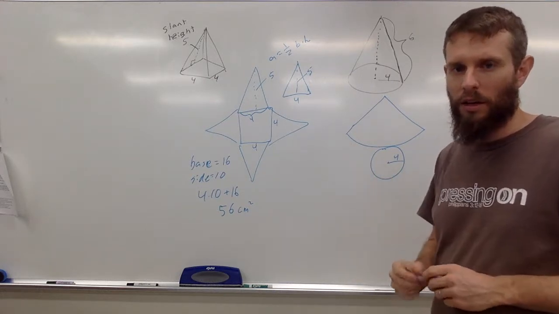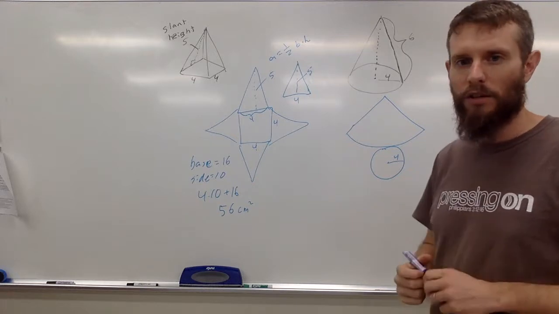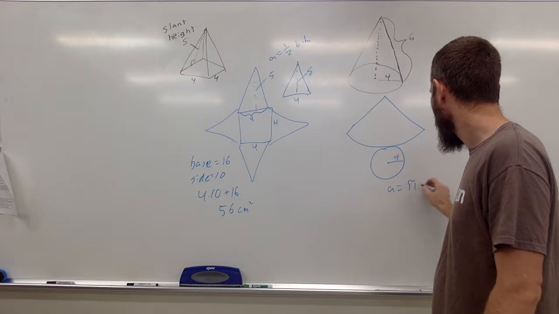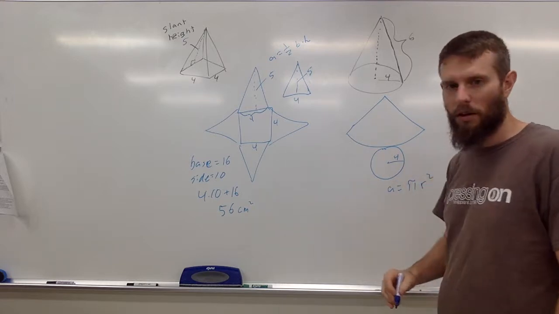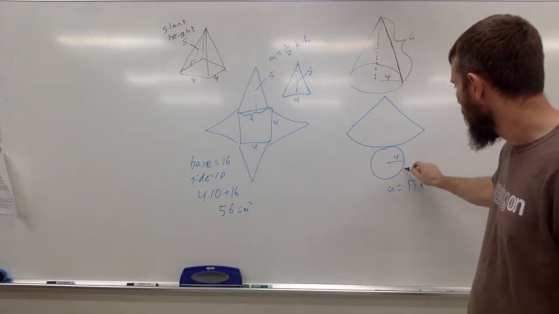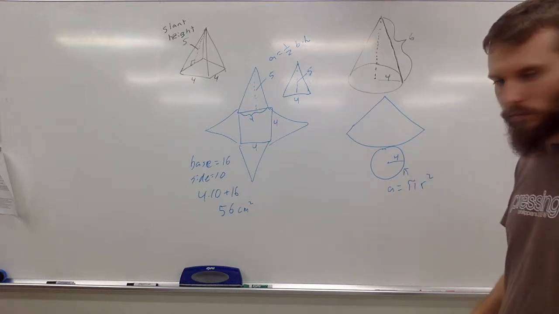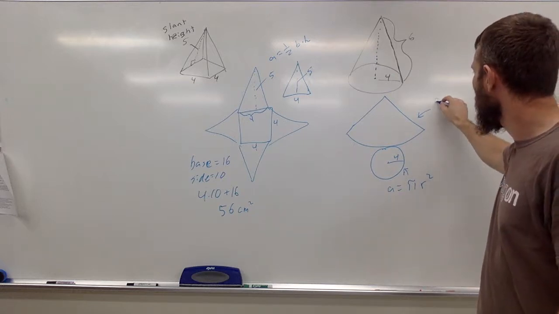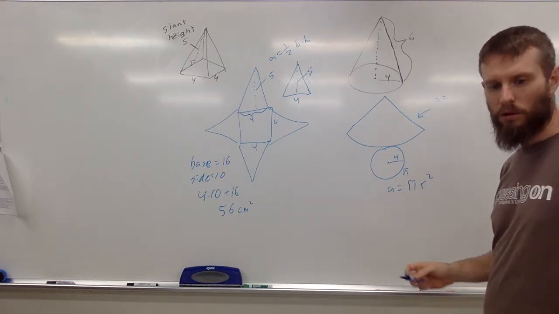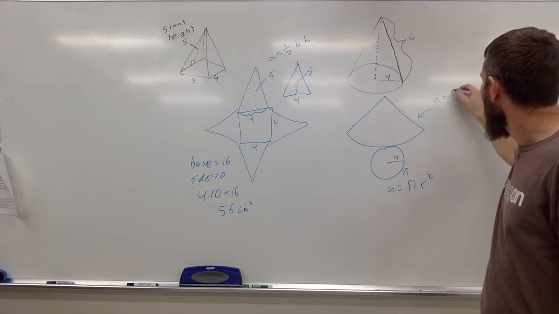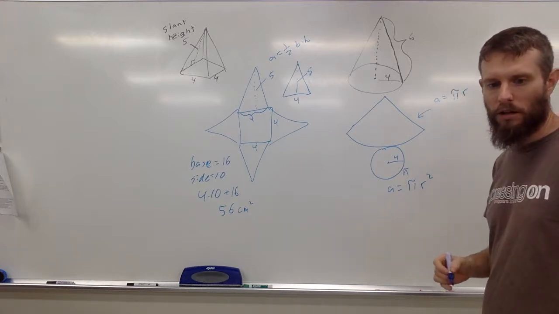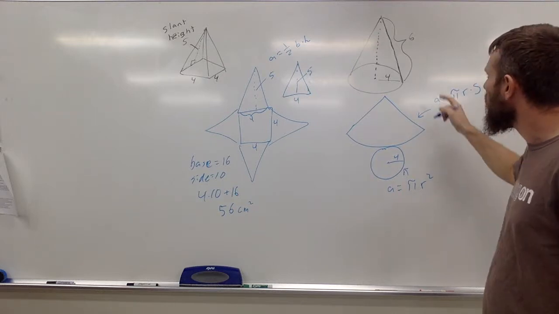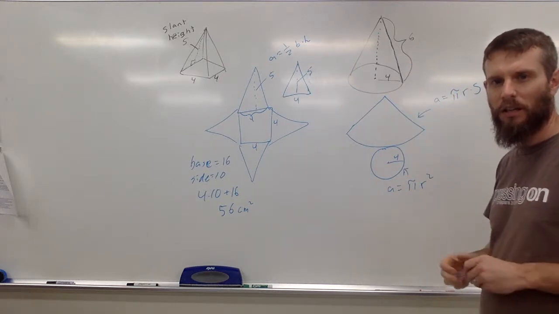So now we know that to find the area of a circle, it is pi times the radius squared. That will give us that one piece. And what you may not know is that to find this piece, the area equals pi times the radius times s, or the slant height.